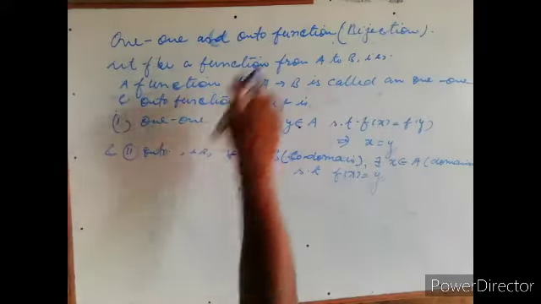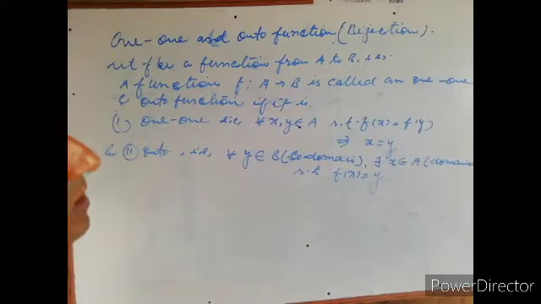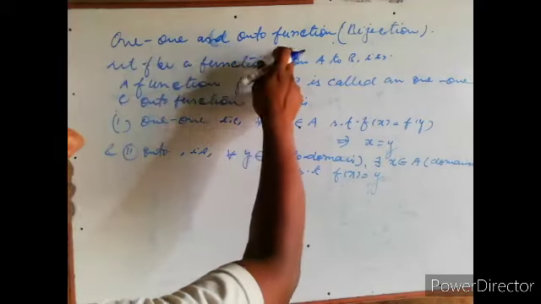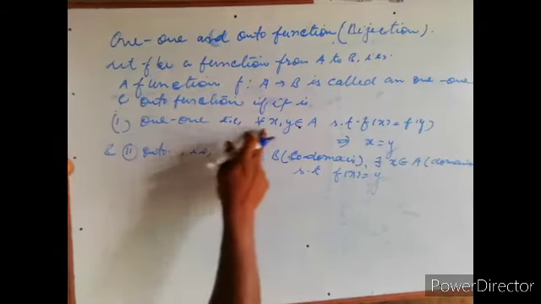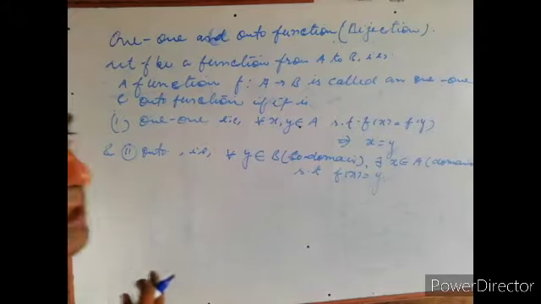Then this function is called one-one and onto function. Means to prove that a function is one-one and onto, first we prove that this function is one-one function, and second that function is onto function.